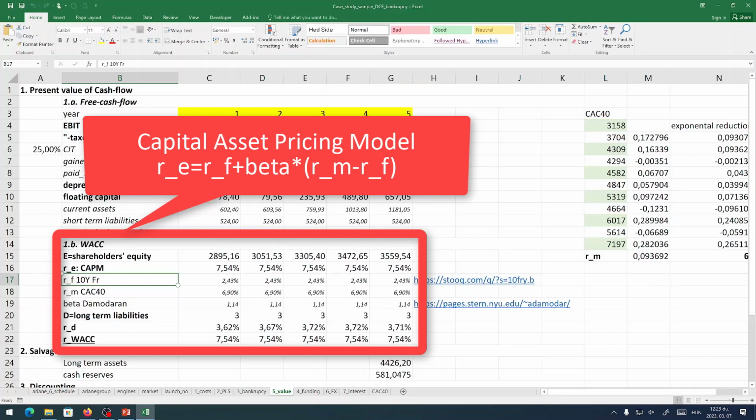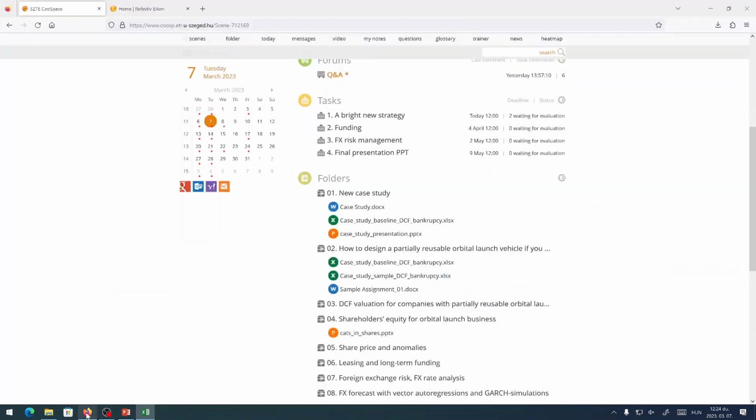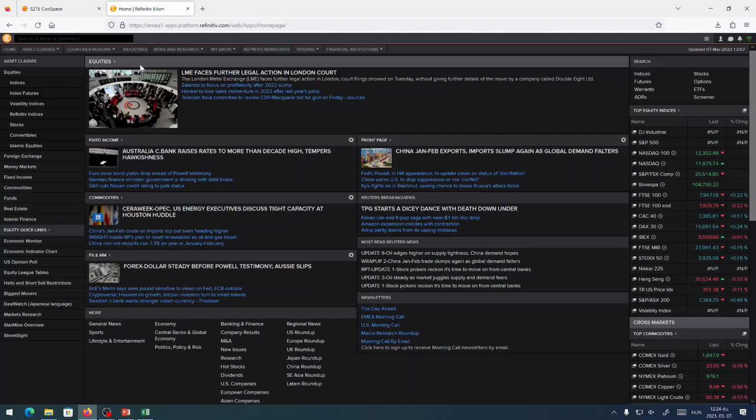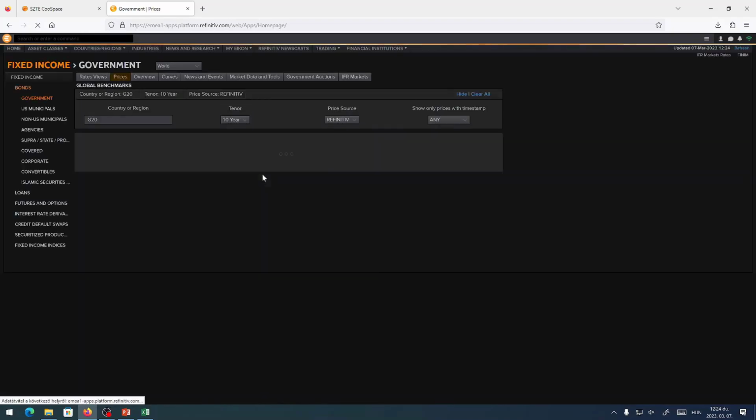So that's why it's much more reliable to say that, okay, this can be good enough. Or right now we can also check. If we are going to Refinitiv, and here asset categories, fixed income, bonds, government bonds.